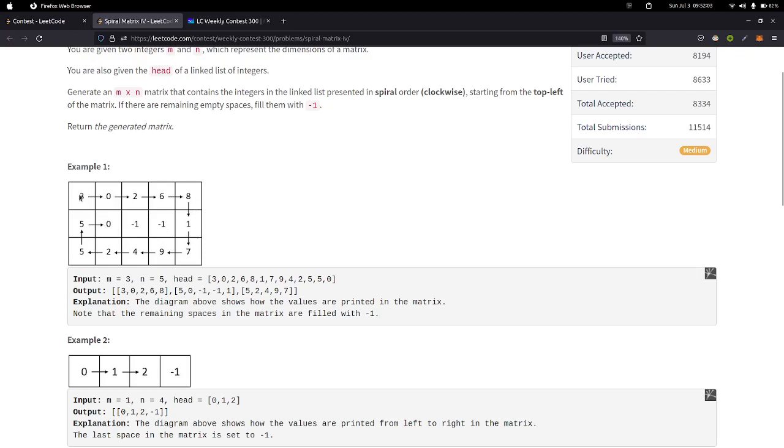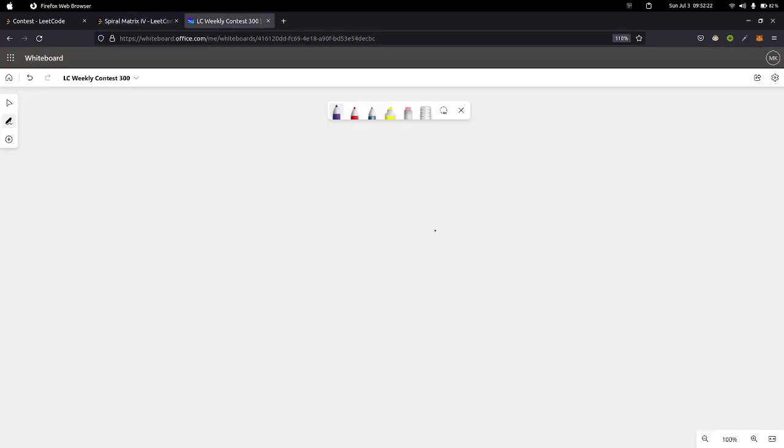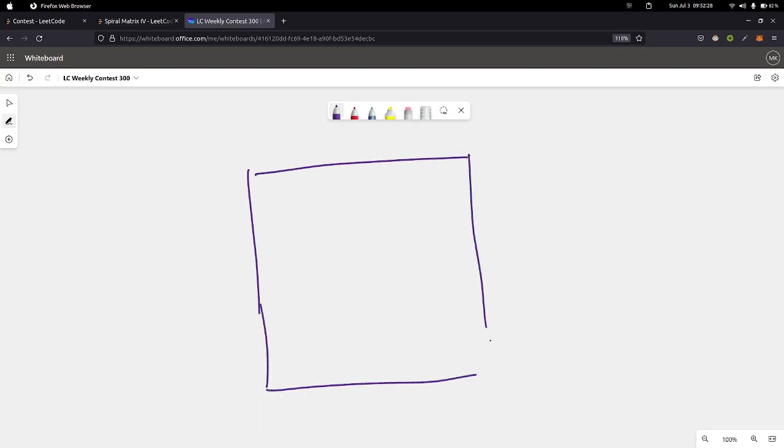Then start from the cell 0, 0 and traverse the outer border, and once you come back here, you go to the next layer of the border, and then continue the process. Just to have a better visualization, if we have a matrix like this.